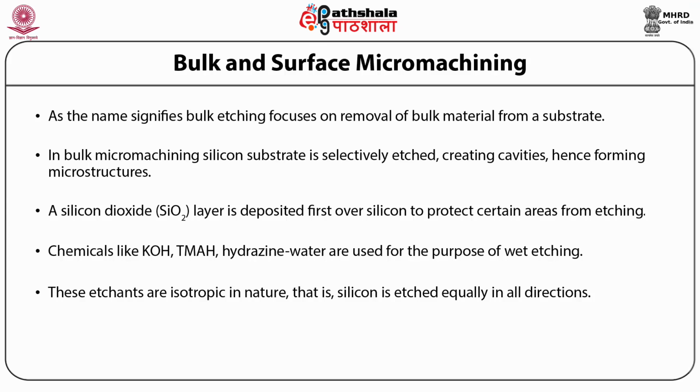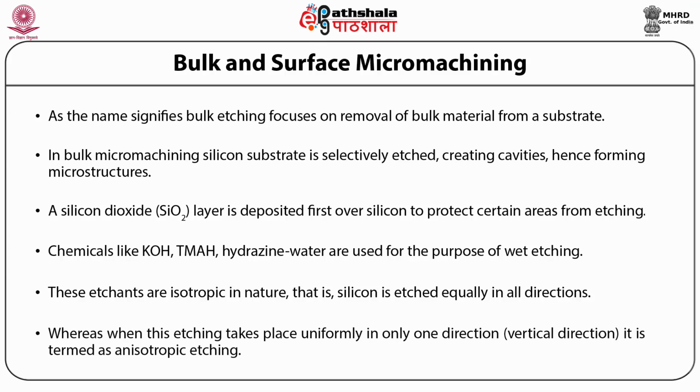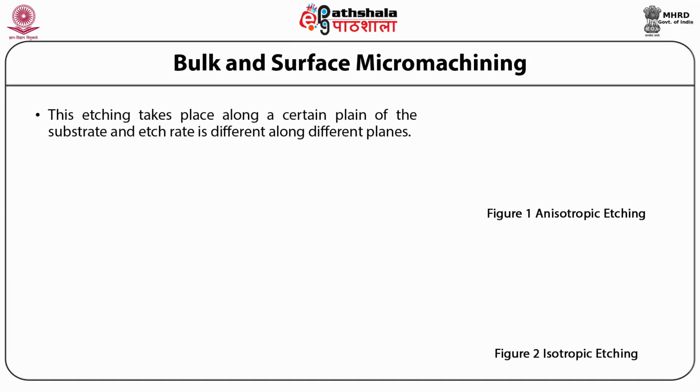Isotropic etchants etch silicon equally in all directions, whereas when etching takes place uniformly in only one direction, that is the vertical direction, it is termed anisotropic etching. This etching process takes place along a certain plane of the substrate, and the etch rate is different along different planes.